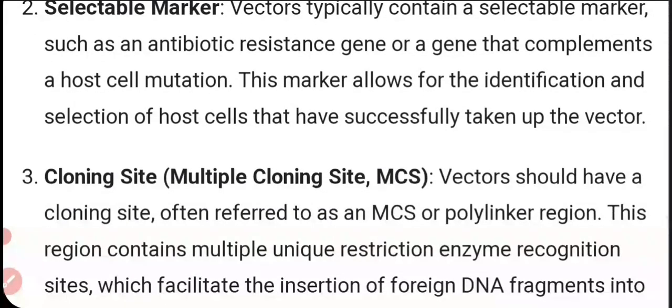These markers allow identification. Then the cloning site: it should have an MCS or multiple cloning site. By that we can insert our desired genes, because these multiple cloning sites can be cut by restriction endonuclease, and we can insert our desired gene into it. If the cloning site is not there in the vector, then it is not called a vector. We cannot insert the gene, so it is a must.